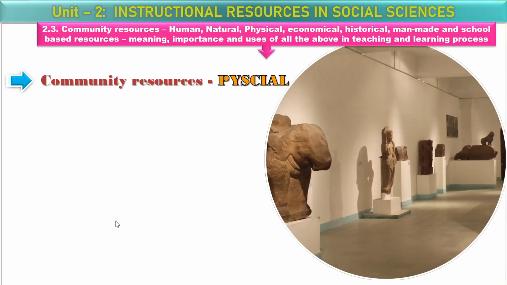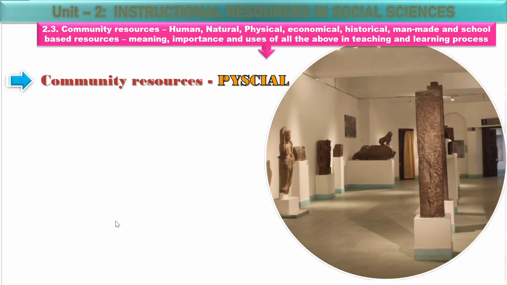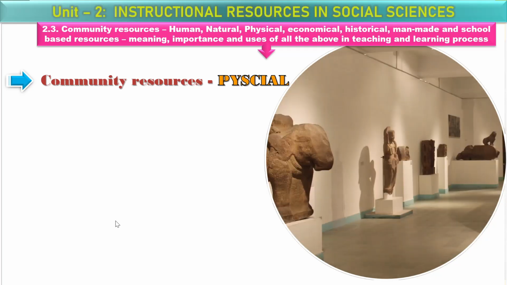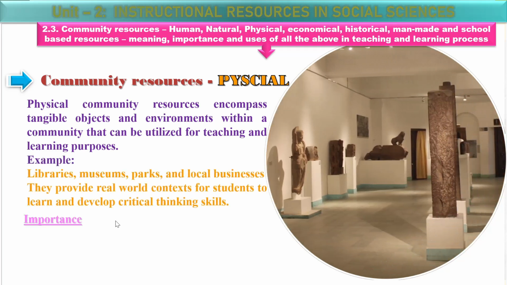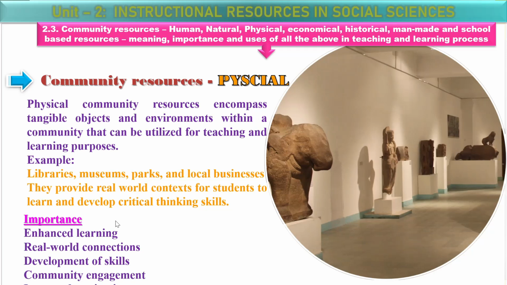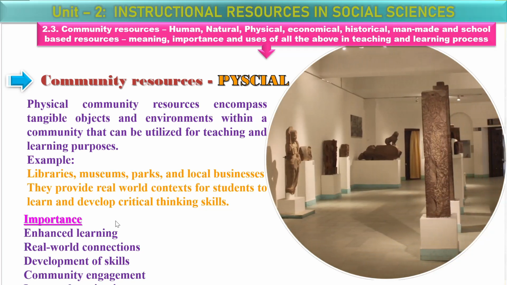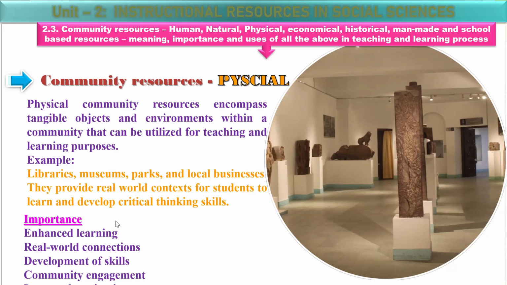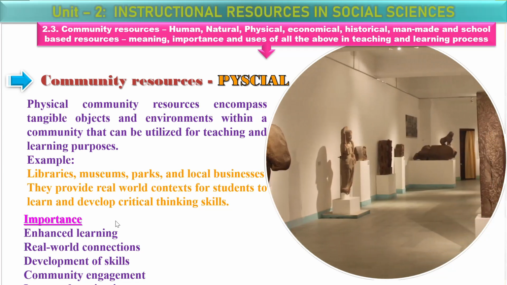Then we have physical resources. Physical resources can be man-made as well as natural. As you can see, a museum is one example of a man-made physical community resource. Physical community resources encompass tangible objects and environments within a community that can be utilized for teaching and learning purposes.